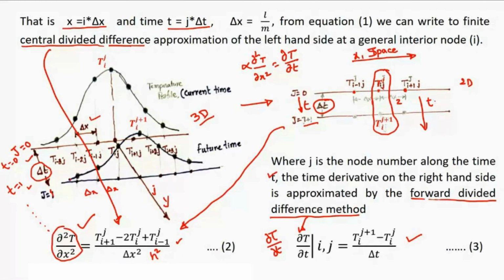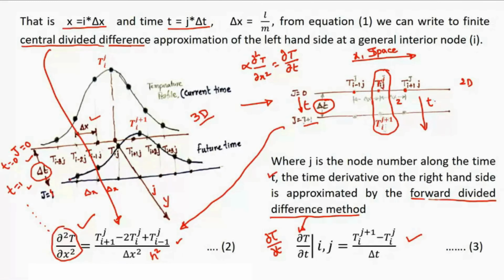Based on these you can calculate lambda. Once you know lambda, we know the temperature state at this location, this location, and this location.